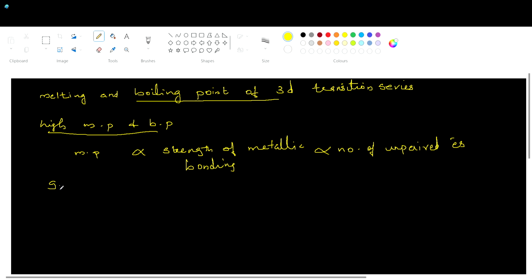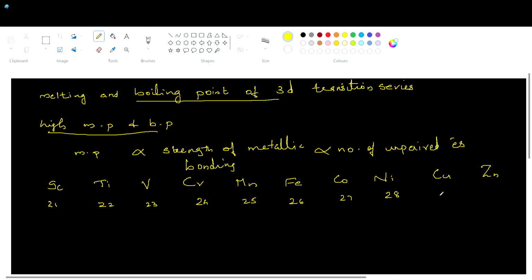The 3d series starts with scandium, atomic number 21, titanium, vanadium, chromium, manganese, iron, cobalt, nickel, copper, and the last member, zinc. Atomic numbers: 22 for titanium, 23 for vanadium, 24, 25, 26, 27, 28, 29, 30.